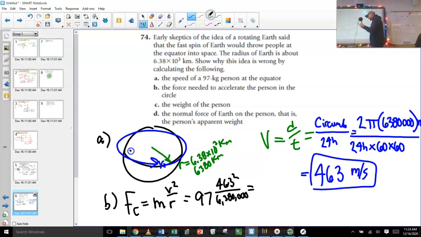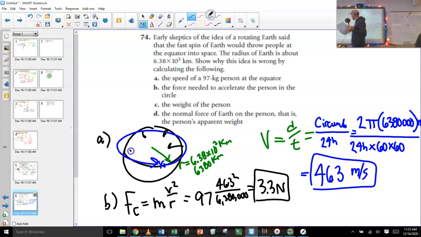So that force is 3.3 newtons. In pounds, that's only 0.7 pounds. It takes not even 1 pound to get a human being spinning around Earth on that orbit. It's not a lot of force.